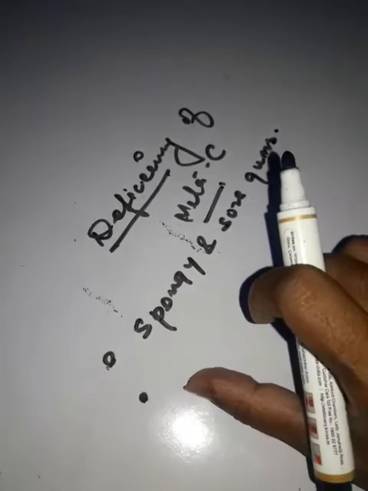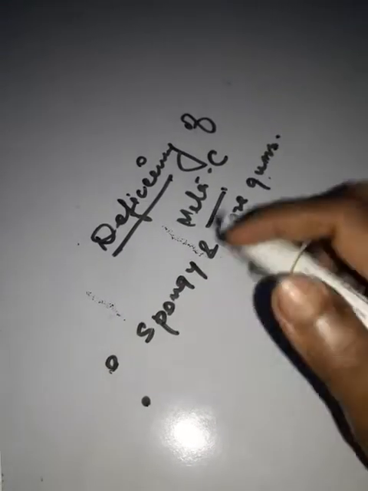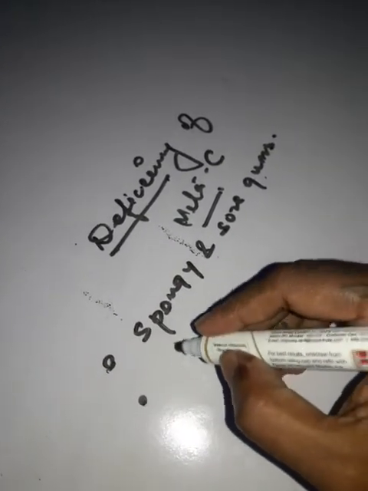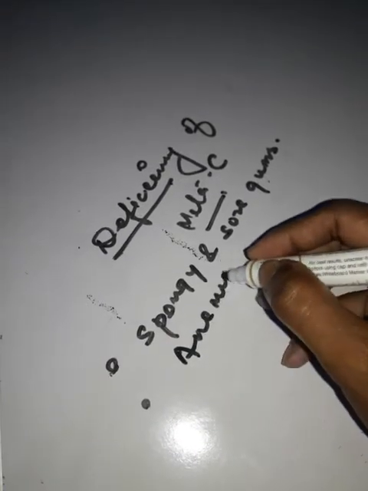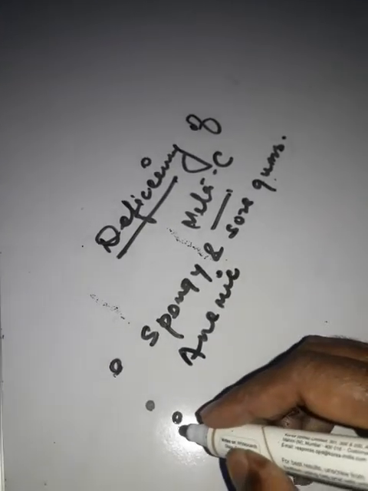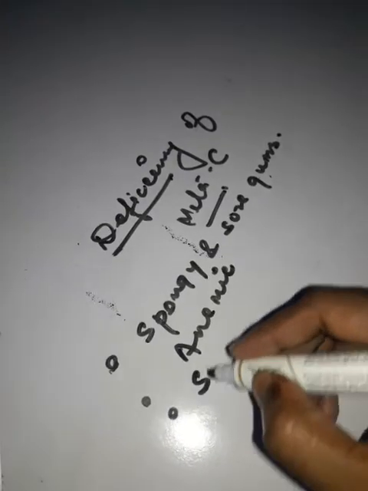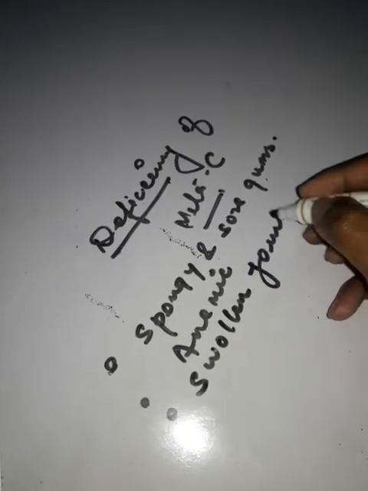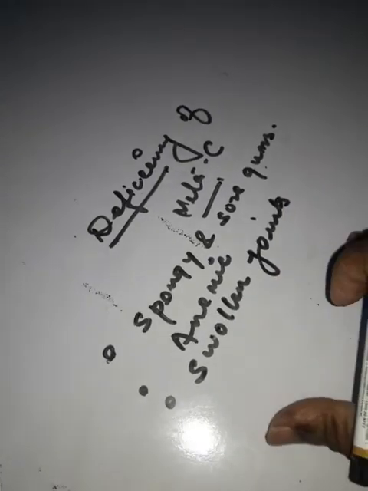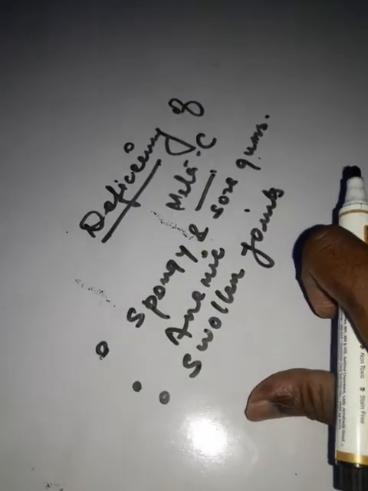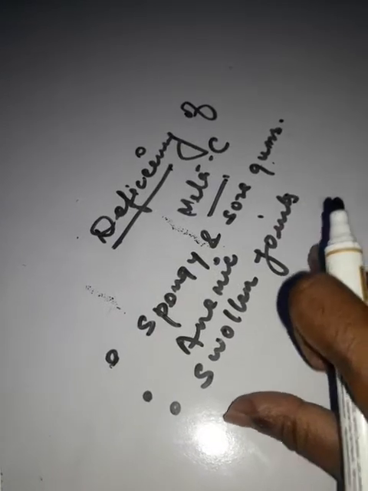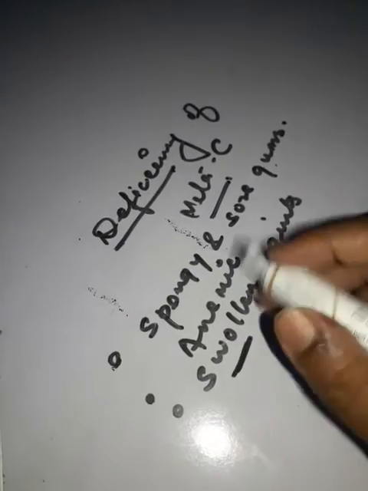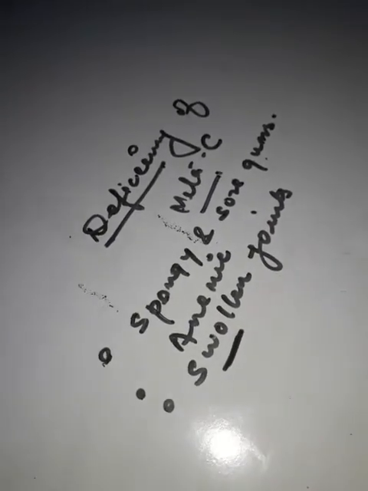Your gums will be spongy and sore. The patient may be anemic. The third is swollen joints. There are several types of joints in your body, and those joints will be swollen, like an inflammation type.